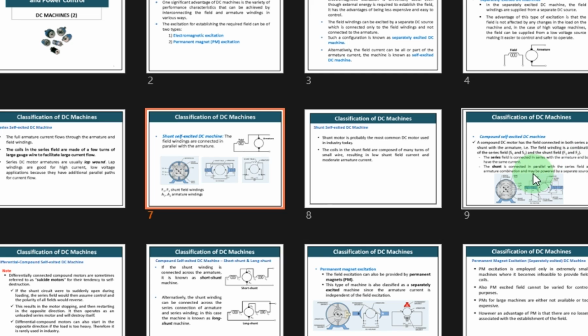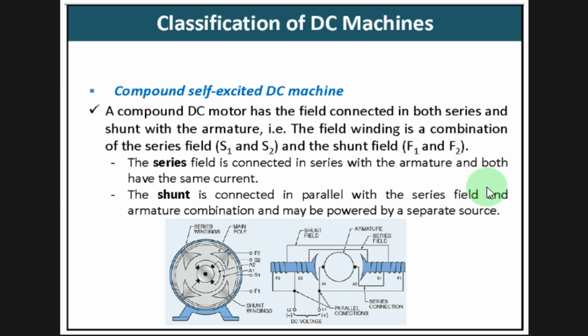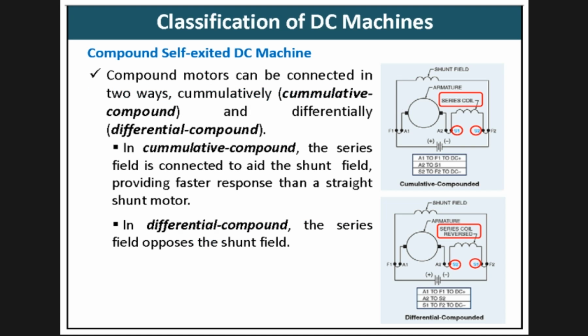And then we have another type which is called compound self-excited DC machines, where you have one coil in series with the armature, the other coil in parallel with the armature. And then we said there are two types of the compound machines. One is called the differential compound, and the other one is called the cumulative compound.